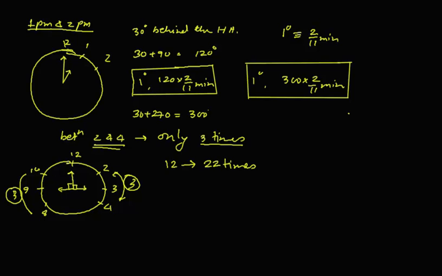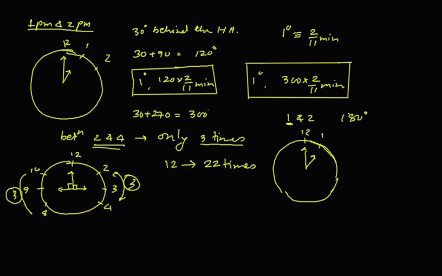Similarly, other questions like when they will be at 180 degrees or when they will be overlapping can be solved. For example, at what time between 1 and 2 both the hands will be at 180 degrees. It's simple. You have to just see what is the position exactly at 1 o'clock. So at 1 o'clock the position would be this, right?